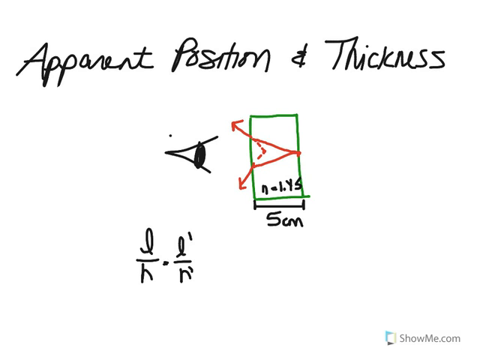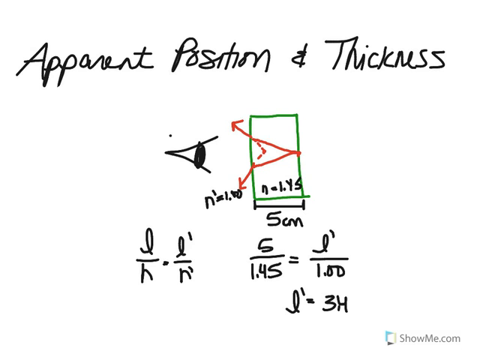And the L is the actual object location, so that would be 5 centimeters over 1.45 is equal to L prime, which is the image location we're trying to find, divided by the index where the emerging image rays are. So for here, N prime is the air, 1.00. And we can solve for L prime to find that the image distance is 3.45 centimeters, and so the apparent thickness of this plate of glass would be 3.5 centimeters instead of the actual 5 centimeters.